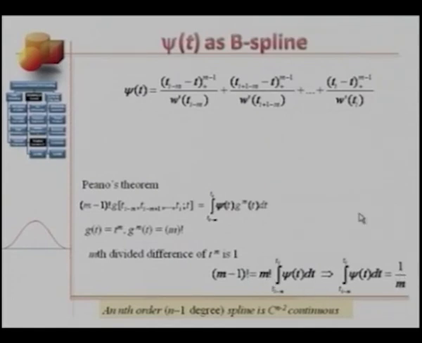To summarize, we have seen that psi of t is 0 for t greater than t_j, and psi of t is 0 for t smaller than t_j minus m, in case t_j happens to be the last knot, and the area under psi of t in between the limits t_j minus m to t_j is equal to 1 over m.